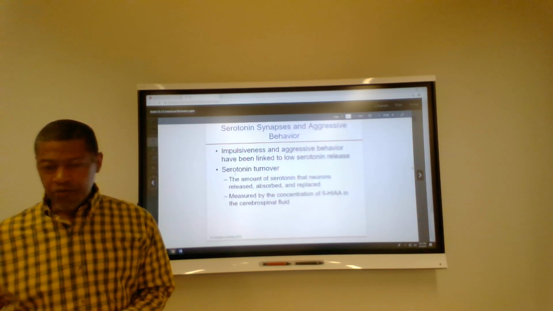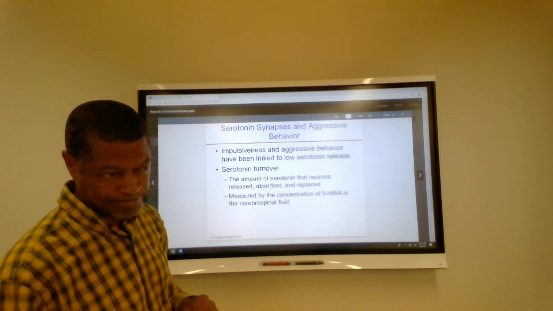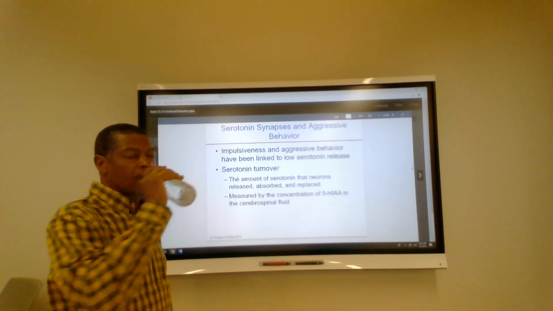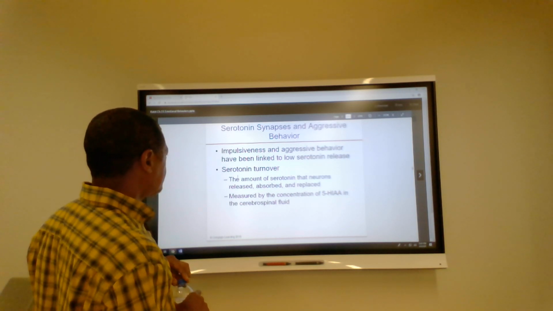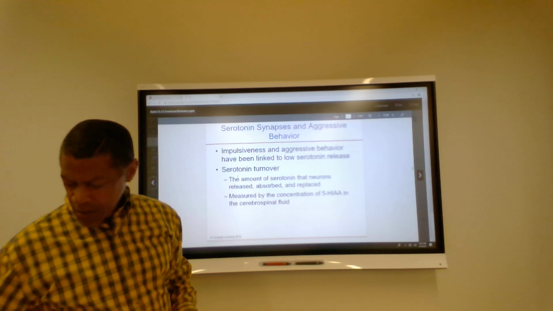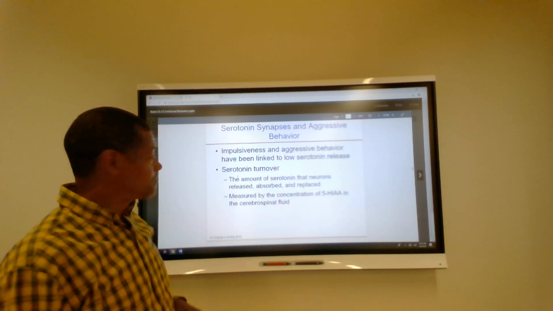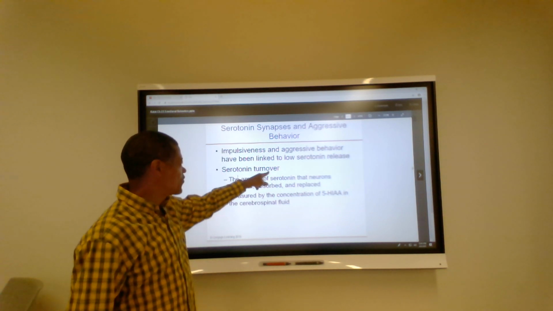The connection to the other chemicals that have been looked at is serotonin, a neurochemical. Serotonin and the synapse. Now, what's measured in serotonin is the turnover.